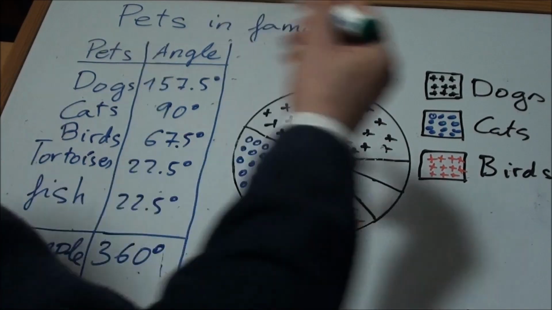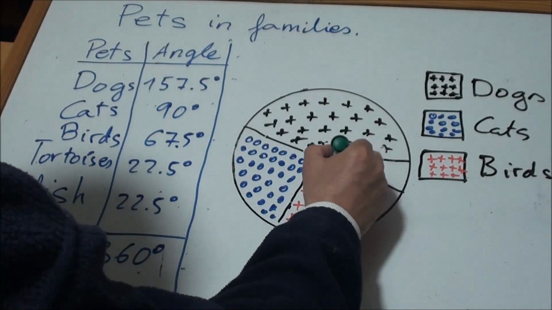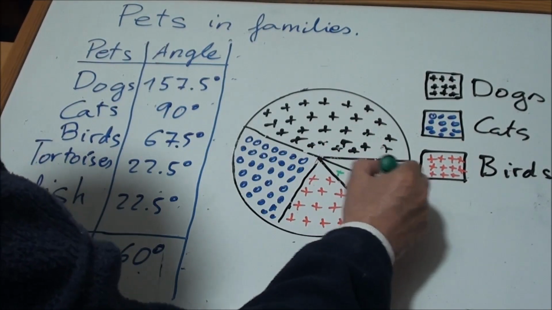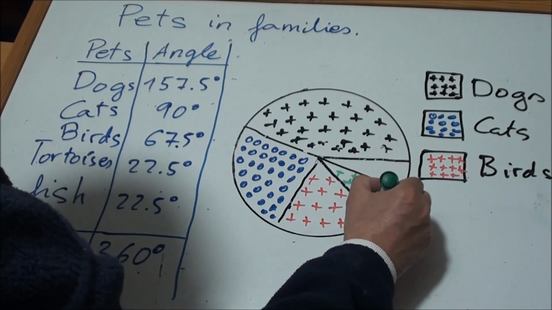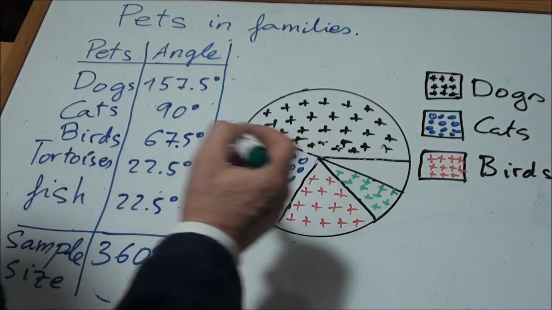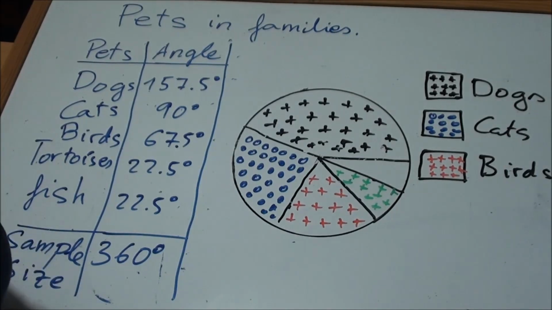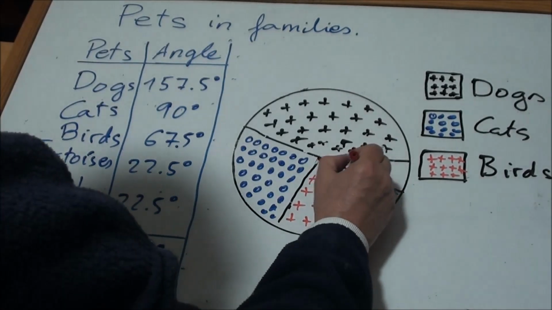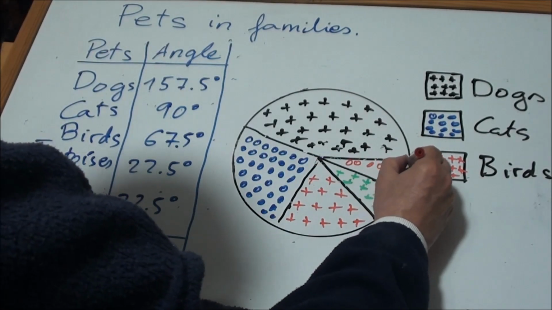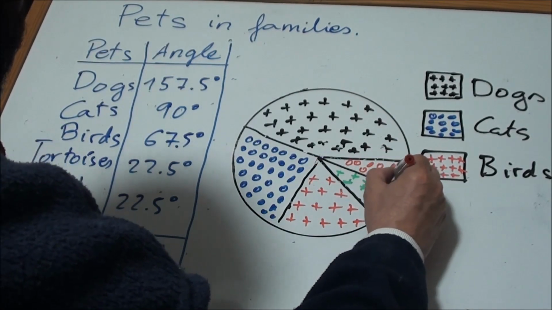And I'm gonna use green for tortoises, and I'm gonna use now again red but with a different shape for fish.